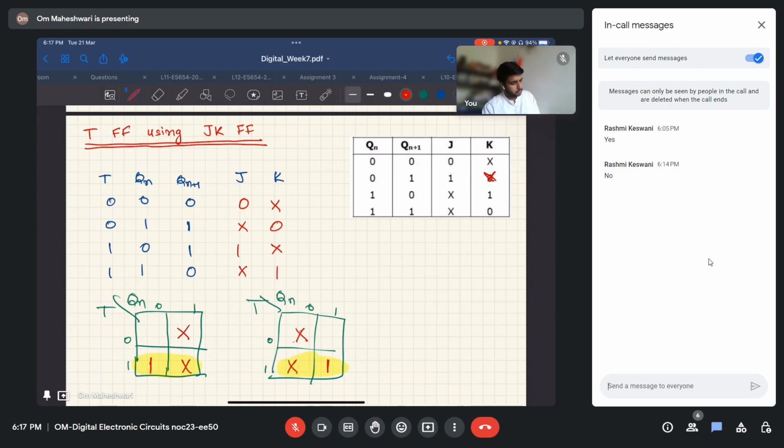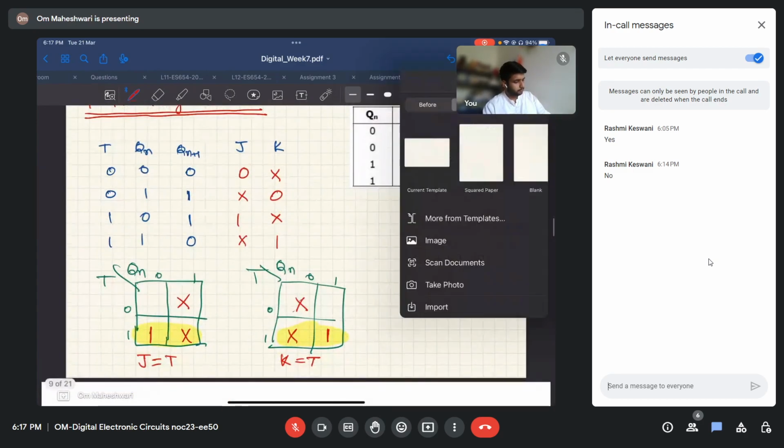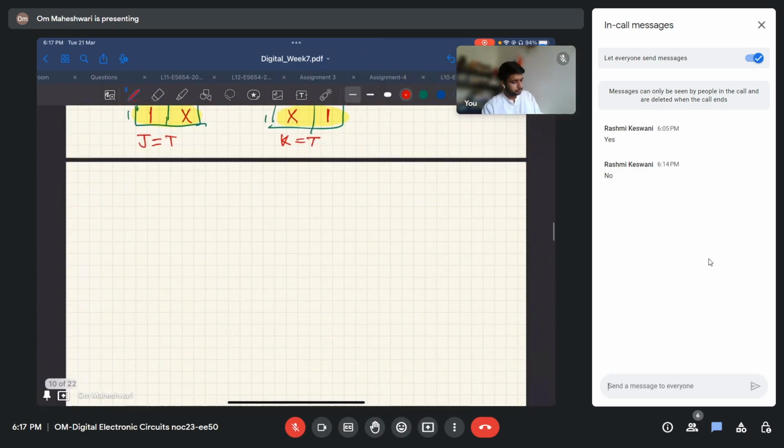For both the flip inputs, J equals T and K is also equals T. What that means is this is a T flip flop.